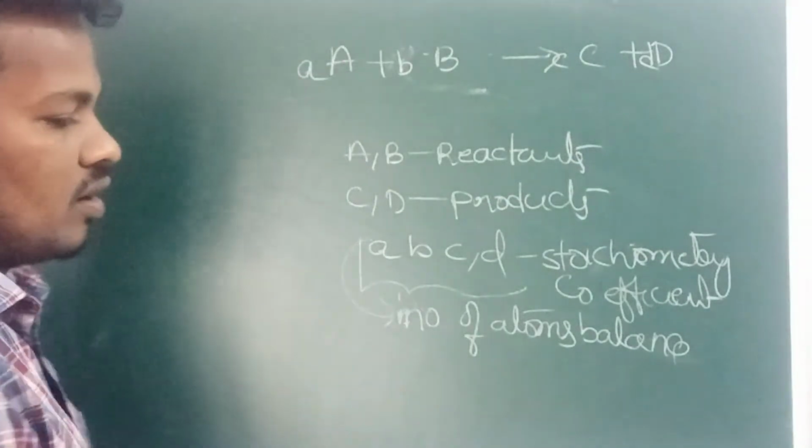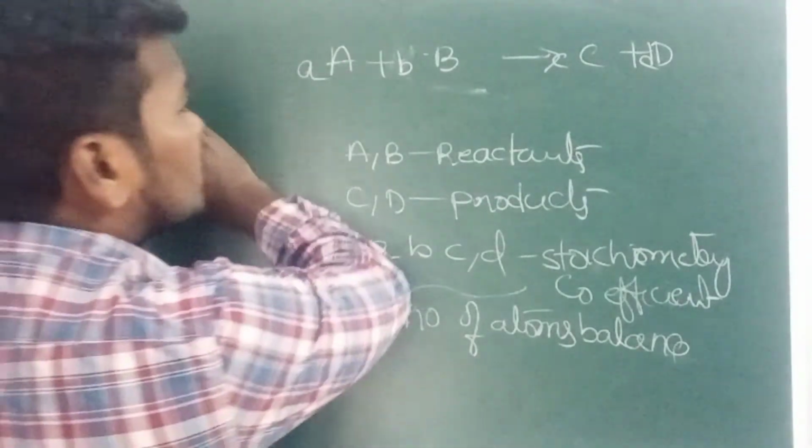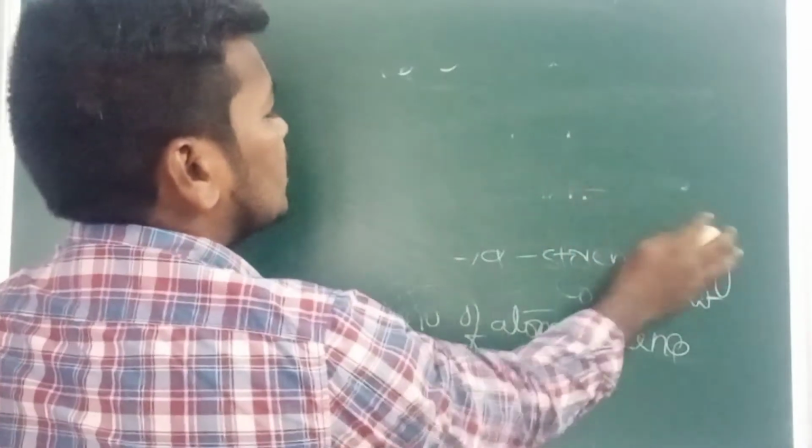Let us consider one equation. Now you can see what we have learned: stoichiometry is useful in chemical reactions for reactants and products, for calculation of various quantities.